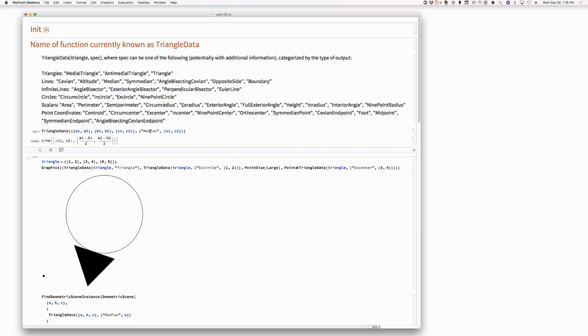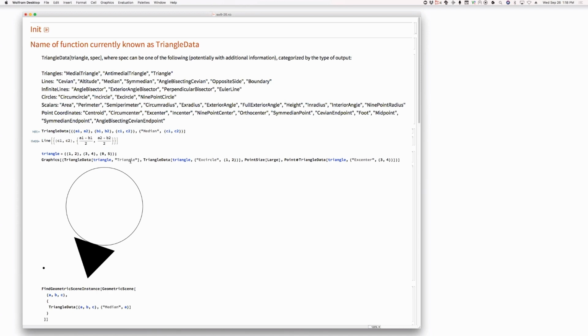Okay, so what is this doing? Median C1, C2. This is making a line from, I don't even know what on earth this is. Okay, so the first argument specifies a triangle, can either be a list, and currently it only works in 2D. It's either a list of points or triangle or polygon or regular polygon or something, but it specifies a triangle somehow.